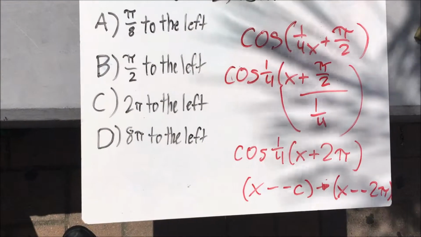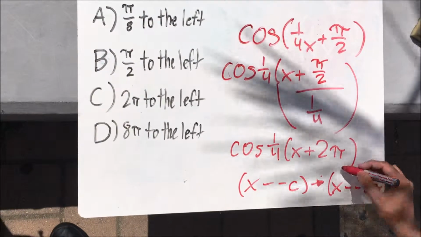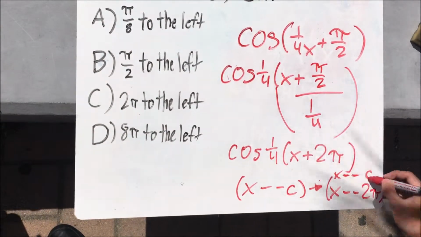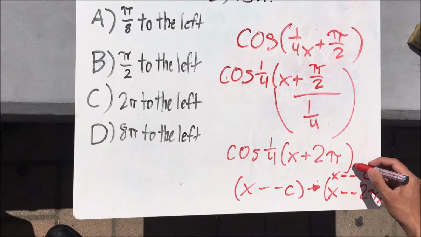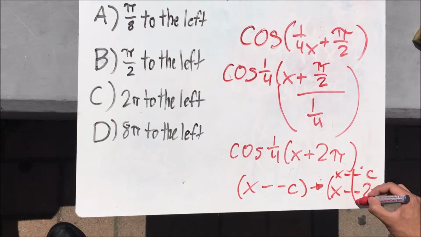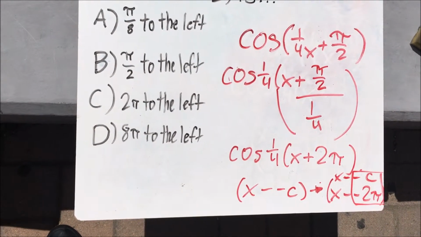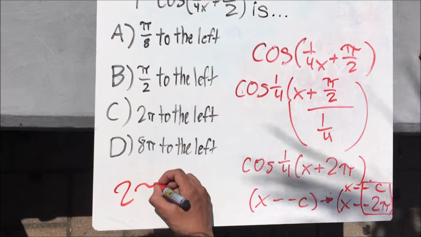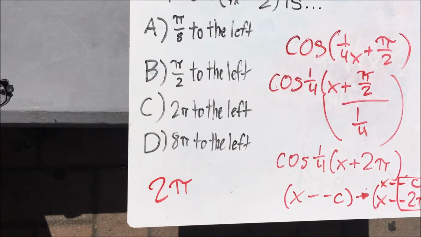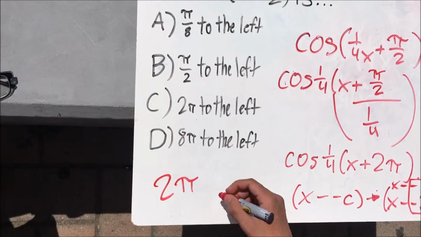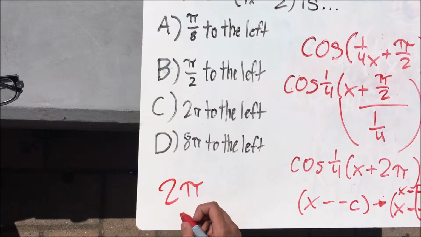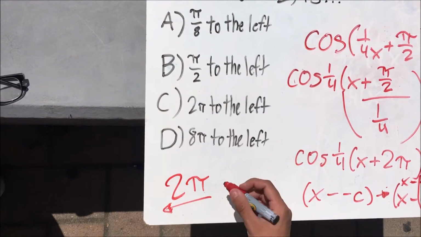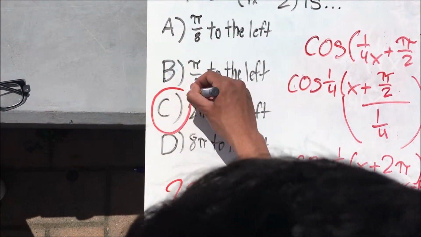So now that we have that, we'll take this out since it's x minus C. And then it's going to become pi squared. And since it's negative, it's going to go to the left. So it's going to go to the left. And that's going to be your answer for C.